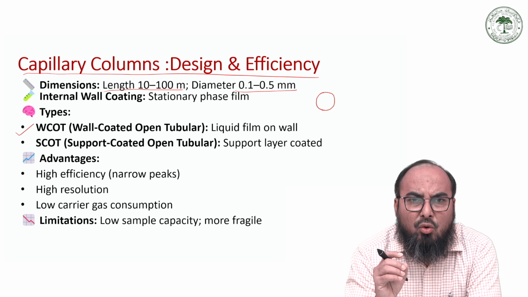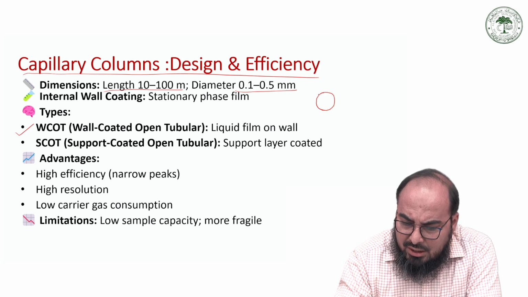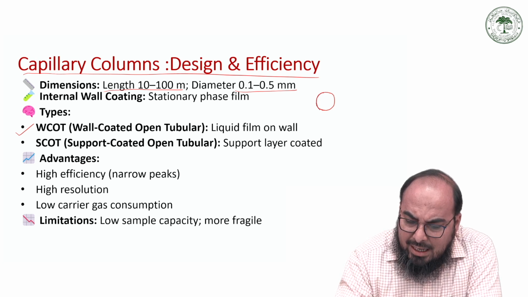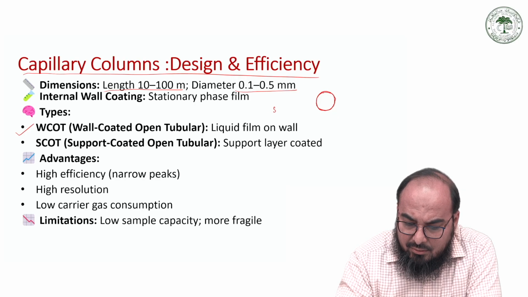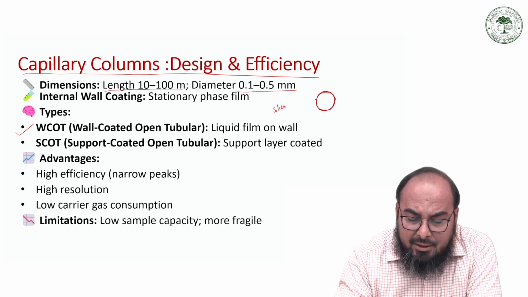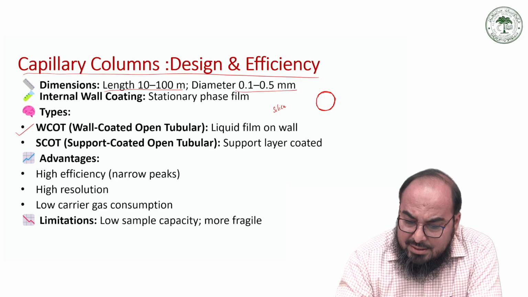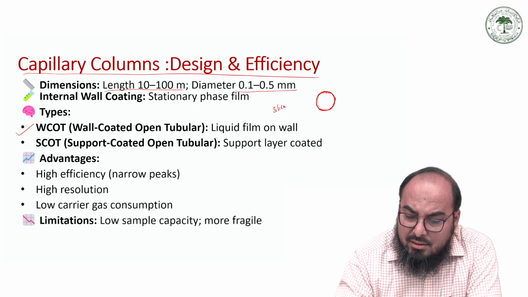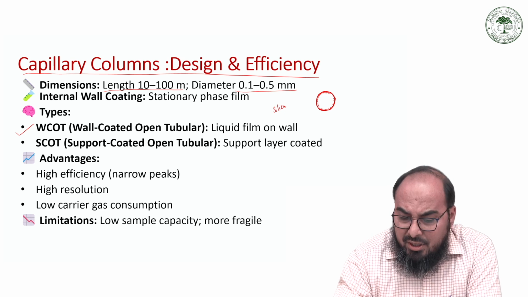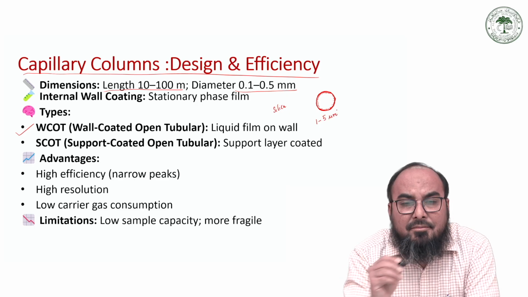So if you want to draw a cross sectional view of WCOT, that is the wall coated open tubular column, then what you see is that your wall consists of, for example, if we are talking about silica, then this wall is silica, and the liquid, which is mobilized, is coated in a thin film. Sometimes this coating is 1 to 5 micrometer thick.